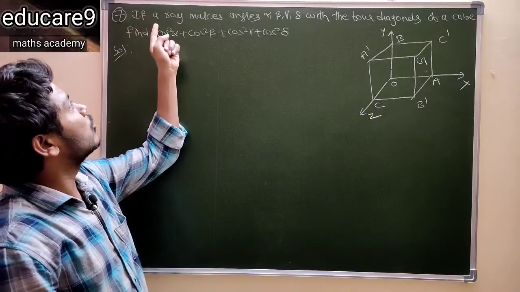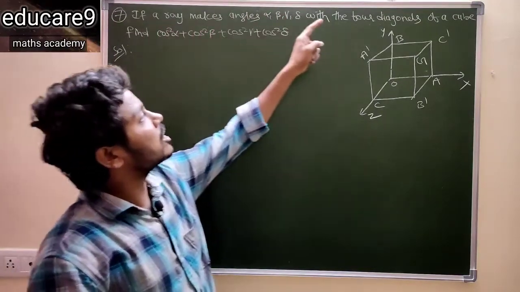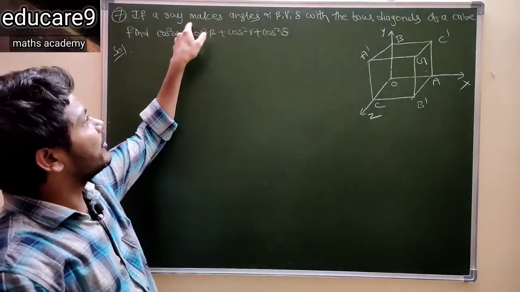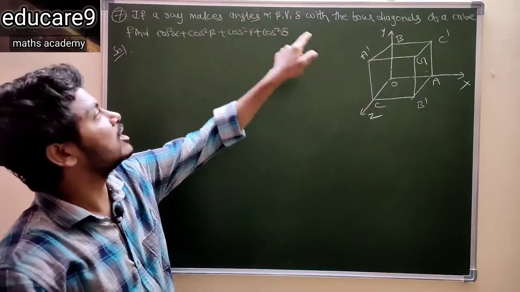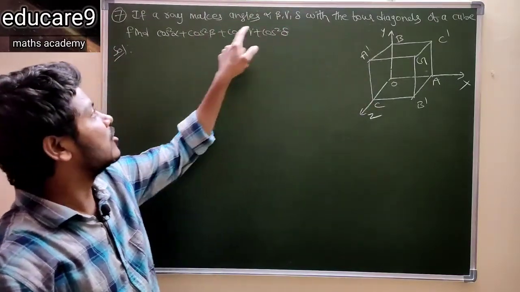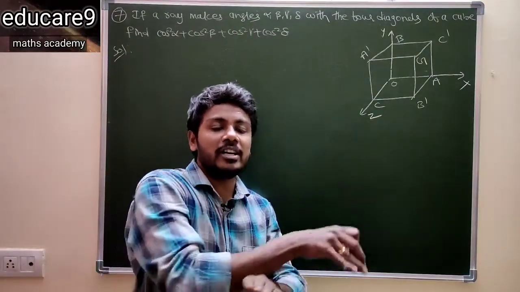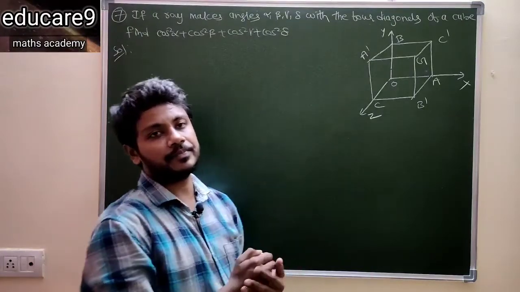We need to find the angle between the ray and the first diagonal, which is alpha. Then find cos alpha. And the angle between the ray and the second, third and fourth diagonals are beta, gamma, delta. Then find cos beta, cos gamma, cos delta. And after that you need to find the sum of squares of cos alpha, cos beta, cos gamma, cos delta.